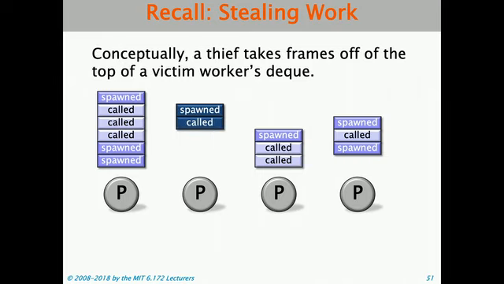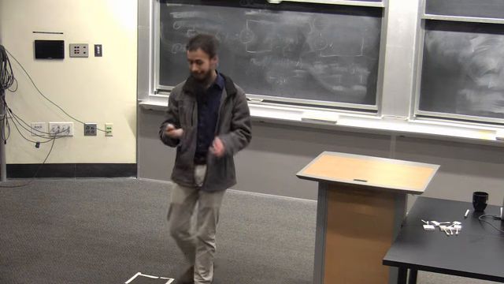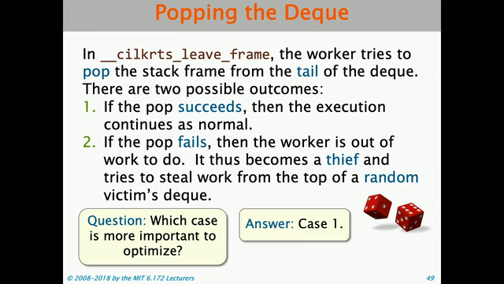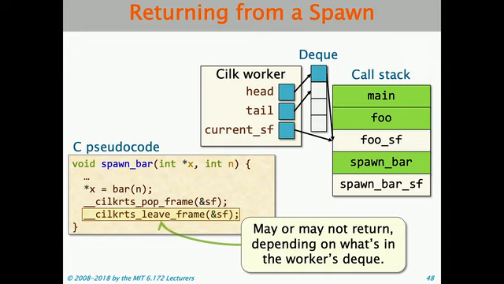Yes? So in the previous case, that leaving can either succeed or fail. Yep. But after it has executed that spawn bar, where does it return the result? Where does it return the result? Yeah. So where does it return the result? In the spawn bar. The answer you can kind of see two lines above this. So in this case, in the original Cilk code, we had x equals Cilk spawn of bar.